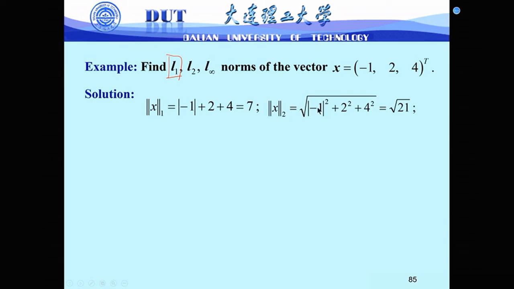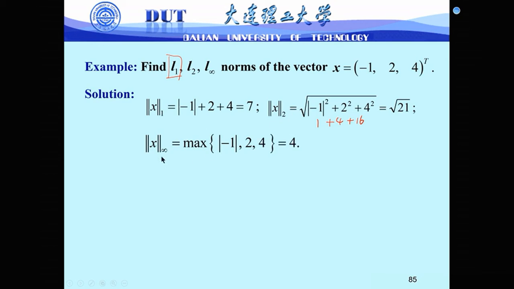So in this case it is 1, plus 2 squared, which is 4, plus 4 squared, 16. So it is the square root of 21. So this is the Euclid norm, and now we call it the L2 norm.